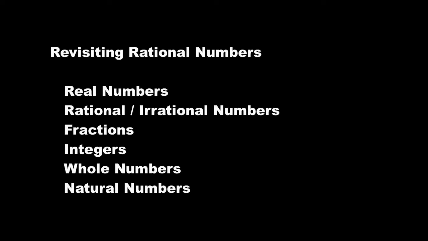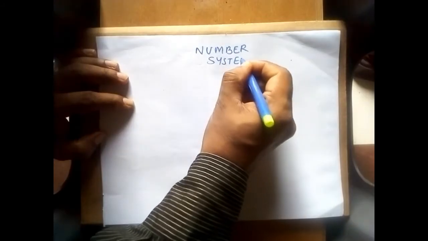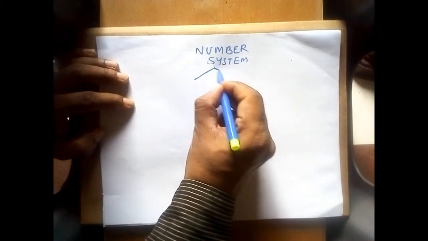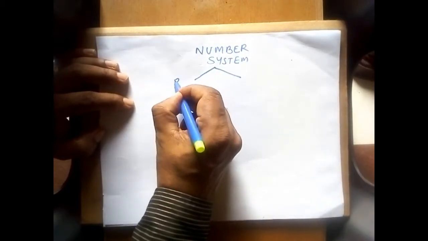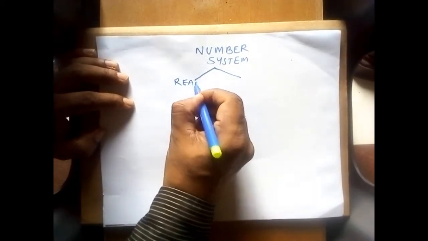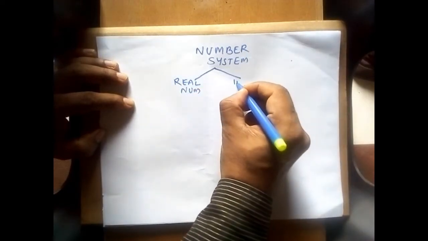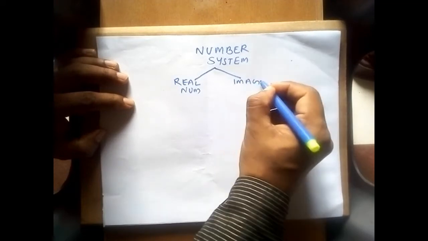Before going to the topic, we will have a general discussion on the number system: real numbers, imaginary numbers, rational, irrational, fractions, integers, etc. The entire number system is divided into two sections. One is real numbers, another one is imaginary numbers.